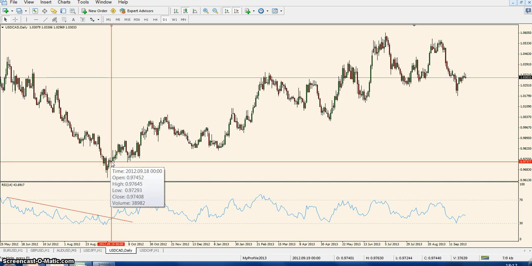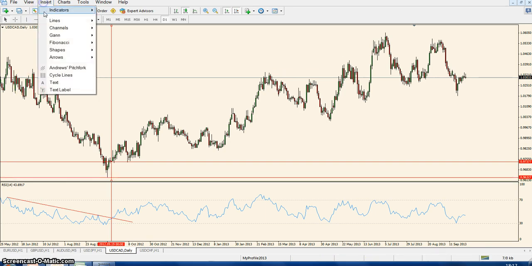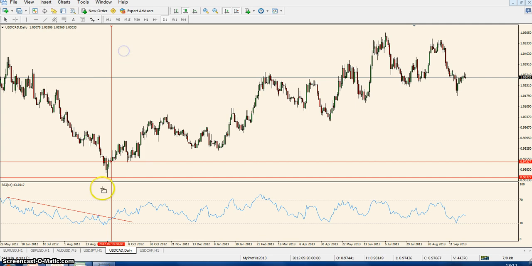at this entry. The stop loss will be at the previous swing low, about here. If I put the whole thing in perspective, this is my risk.